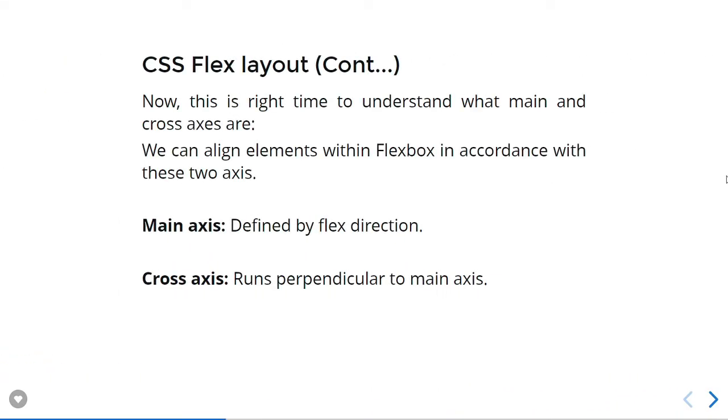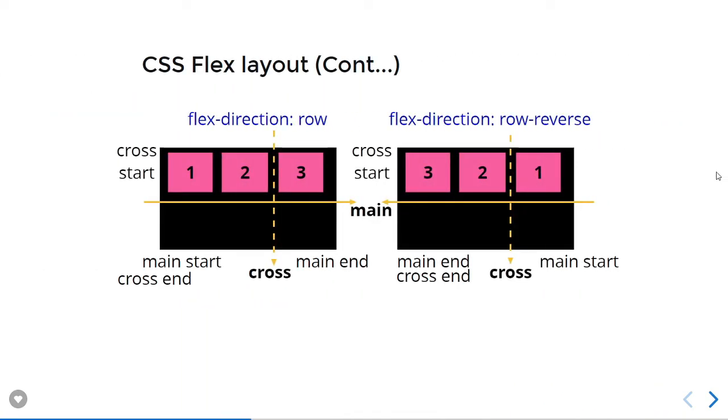Now, this is the right time to understand what main and cross axes are. We can align elements within Flexbox in accordance with these two axes, main axis and cross axis. The main axis is defined by flex direction; the cross axis runs perpendicular to the main axis. With flex direction row, we have main start and main end, cross start and cross end.